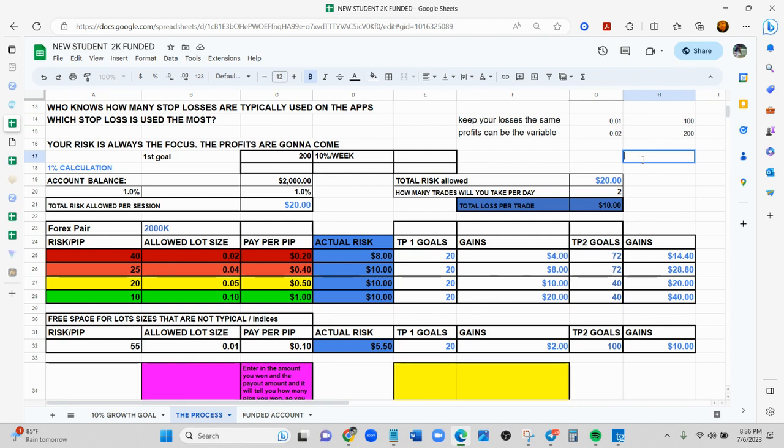So let's just say I use what the book says, where if I have 100, I can use 0.01. All right, so if I have 2,000, what does that mean I can use? That means I can use 0.20. They're saying, no matter what the risk is, since you've got 2,000, you should use 0.40. So if I put 0.20, excuse me, I'm actually risking $80, right?